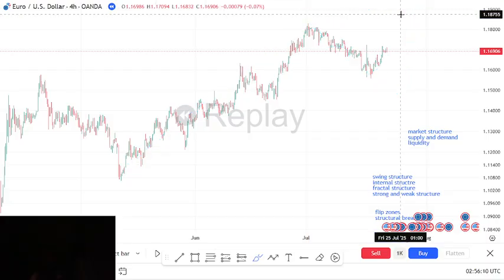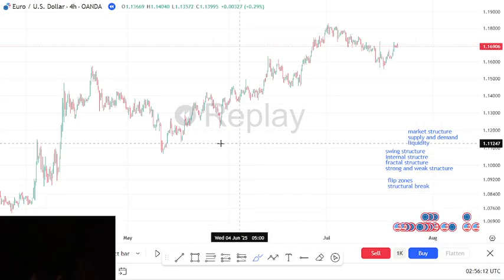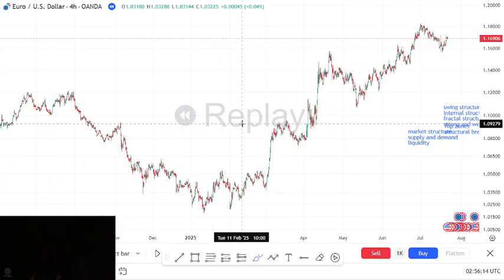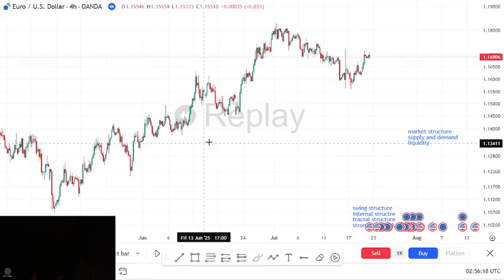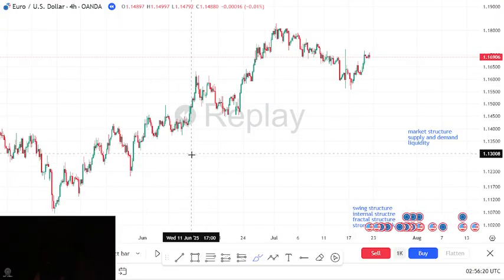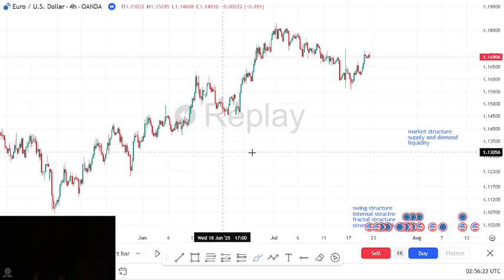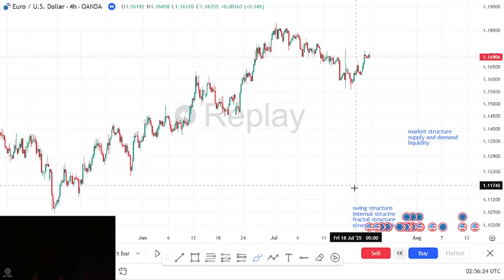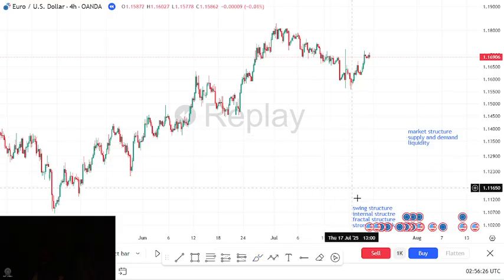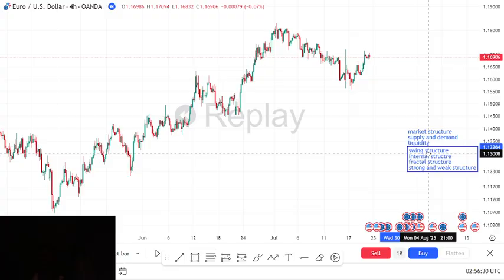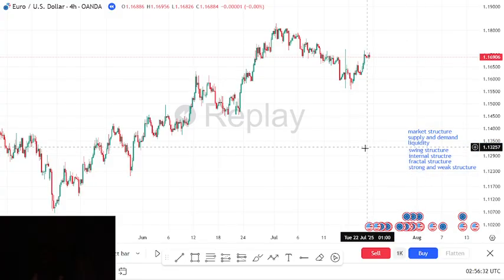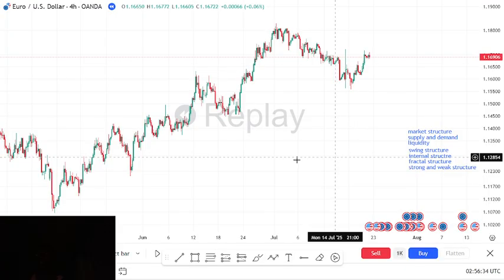This is what we are naturally going to expect. This is the framework that we will approach the market with. The time frames that I will use are the 4 hour, the 15 minutes, and the 1 minute.